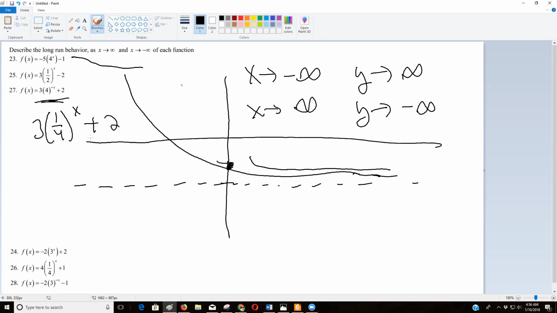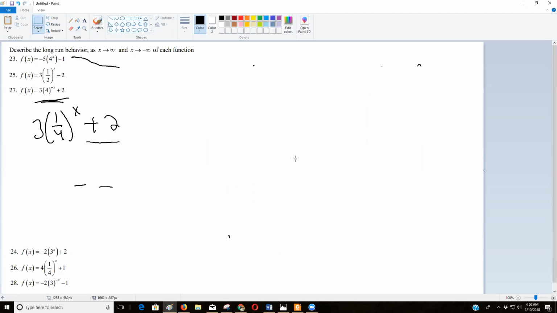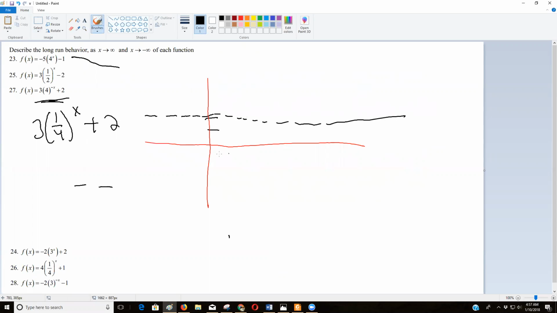I see a horizontal asymptote of y equals 2, so it's going to come swooping down.